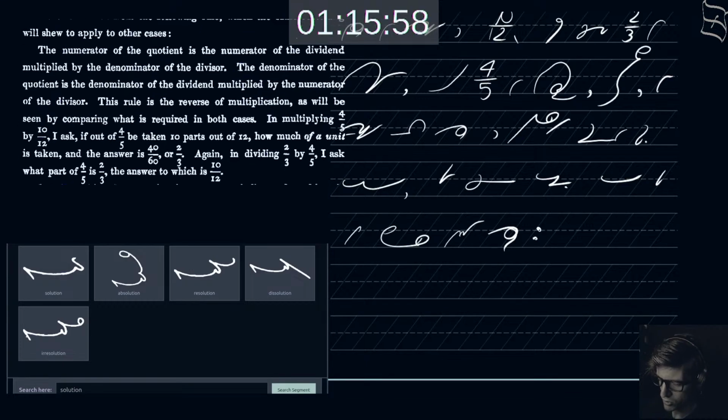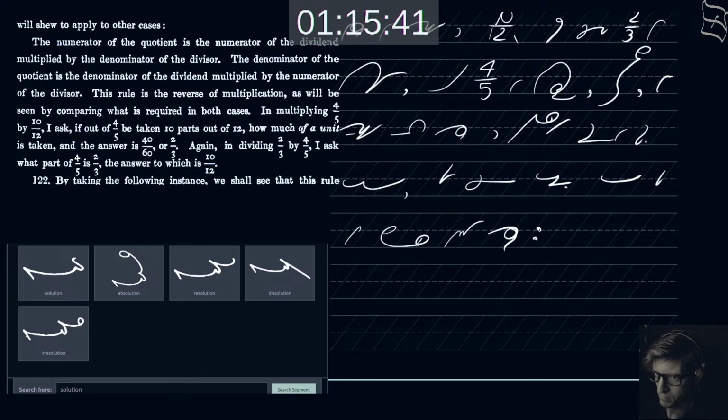The number of the quotient, keep on going, so I'll go to the end of Article 121, and then I will go back and read 120, all of 121. Here we go. The numerator of the quotient is the numerator of the dividend. Running out of room. Let's move down here.